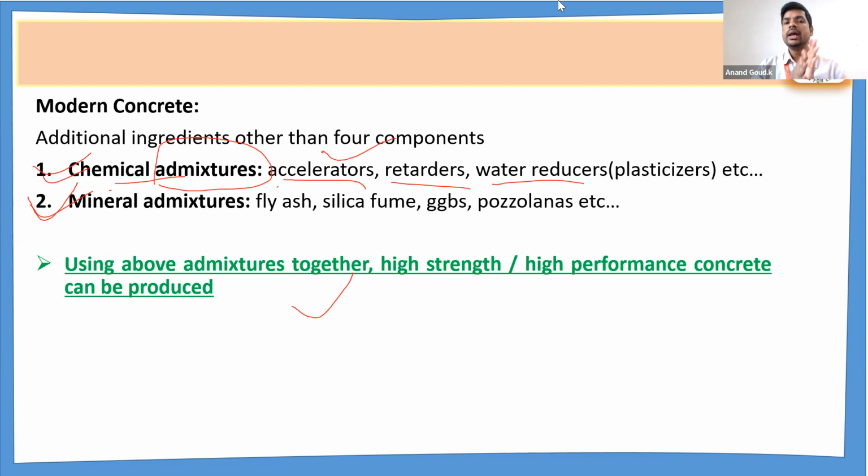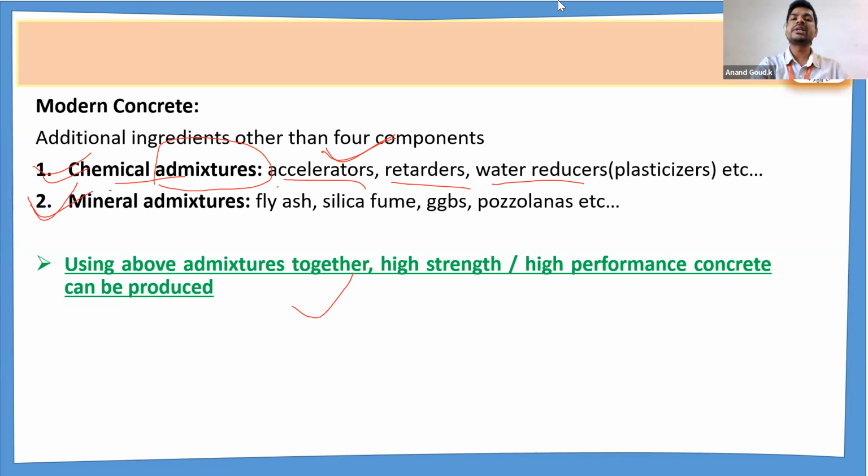I will give clarity later, because if I tell the definition now, it will not be a clear one. Don't worry about that. Accelerators are one of the chemical admixtures which speed up the reaction. That's it. I want to tell only that much now, to avoid confusion.